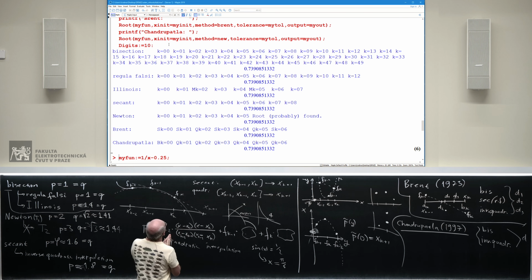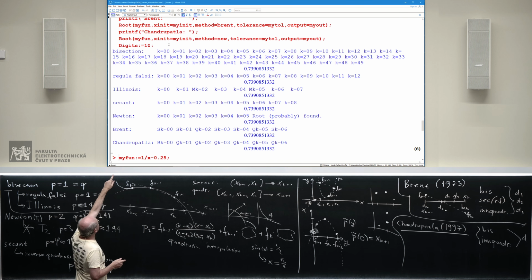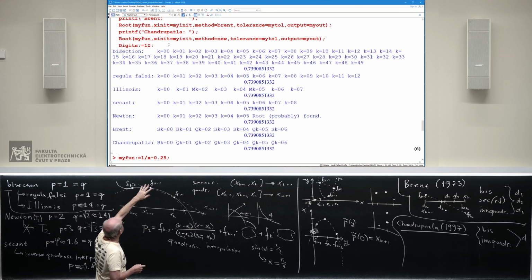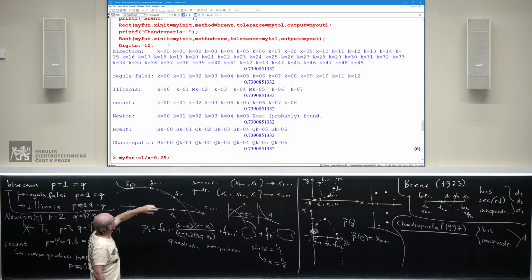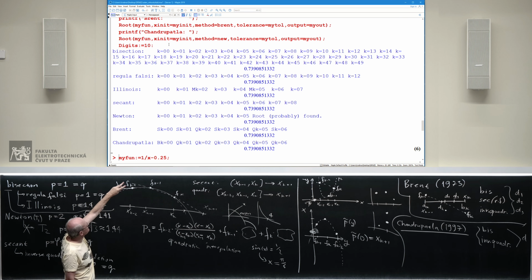I mean, there is really nothing new here. Everything seems to be working as expected. Measured by number of iterations, this time Newton was faster than Brent and Chandrupatla, interestingly enough. But as we know, Newton needs more work. So practically speaking, 10 evaluations for Newton. So this time Brent and Chandrupatla came out even more interesting.